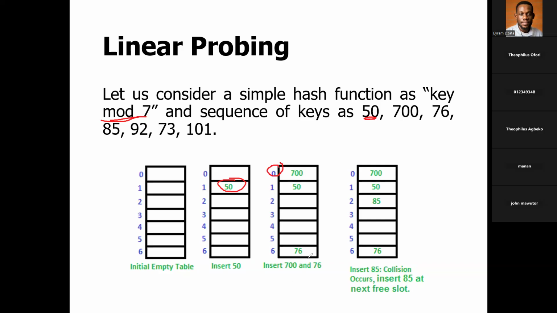And then 76 mod, sorry, mod 7. What would that give us? 6. So that will give us 6, and 76 is stored here.